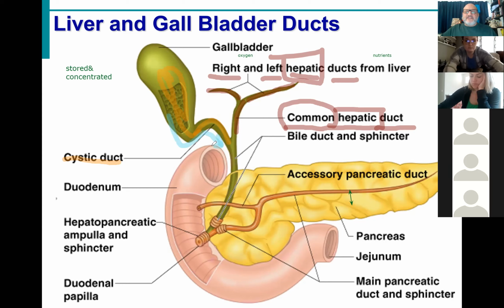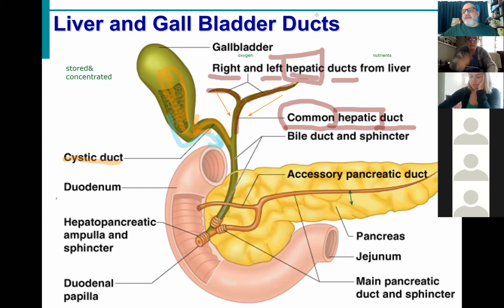Notice the cystic duct has the ability to transport bile in two directions. It can go into the gallbladder, it can go out of the gallbladder. It is the only duct in this process that can move bile two ways. Notice for all of the hepatic ducts, it's all coming out.